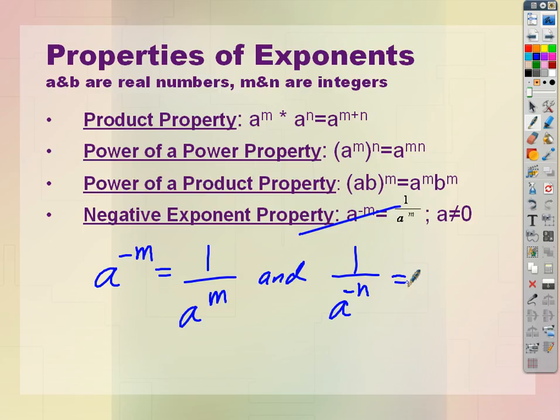I'm seeing it in the back there. A to the positive n. So here's how you remember that. A negative exponent in one part of the fraction, meaning numerator or denominator, always means a positive exponent in the other part of the fraction. So a negative exponent in the bottom is positive on top. Negative on top is positive on the bottom. Okay, it works both ways. Okay?